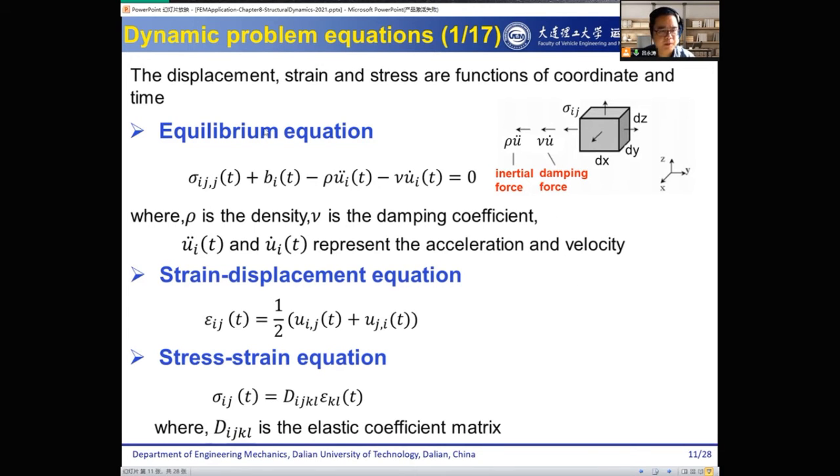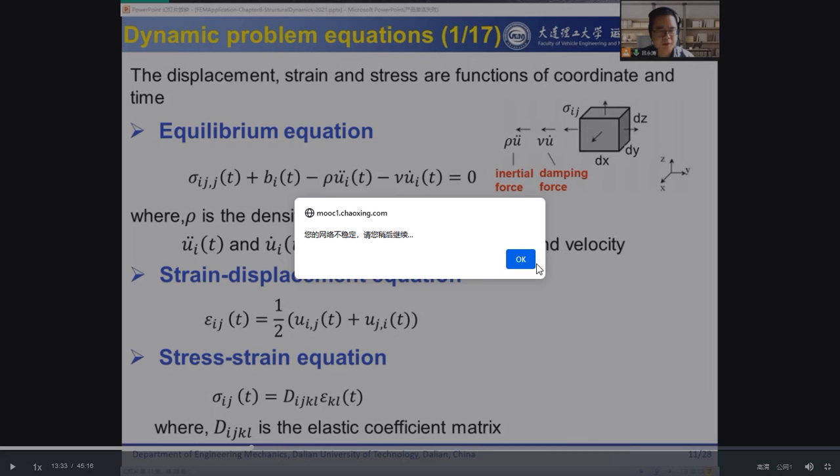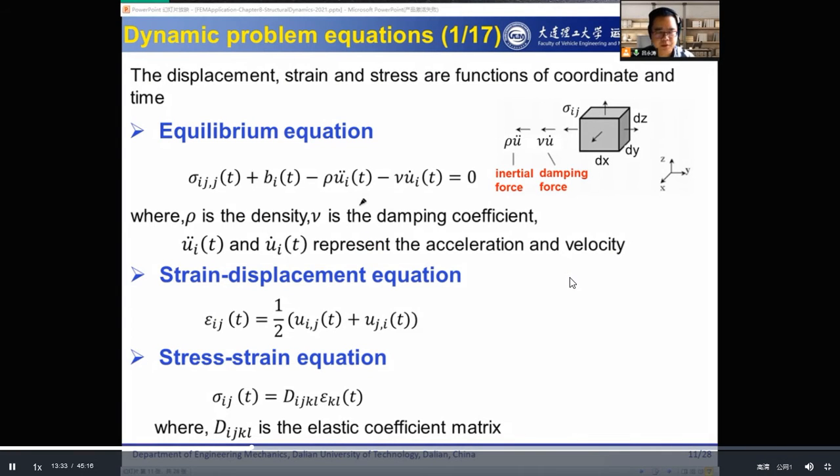Don't worry too much about this. For the dynamic problem equation, the displacement, strain, and stress are functions of the coordinates and the time. So for example, for the equilibrium equation for dynamic problems, we have two additional terms.